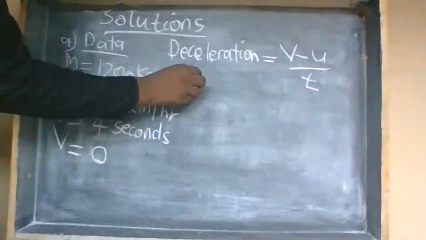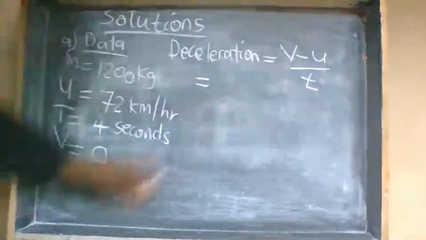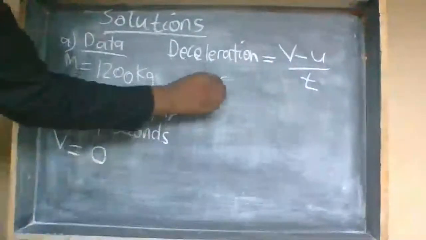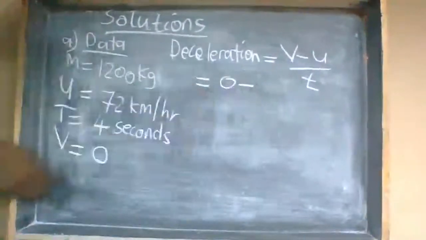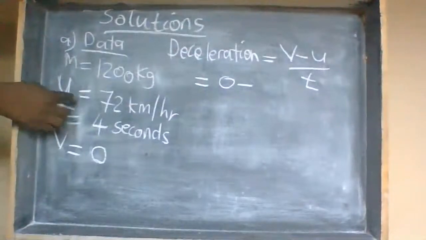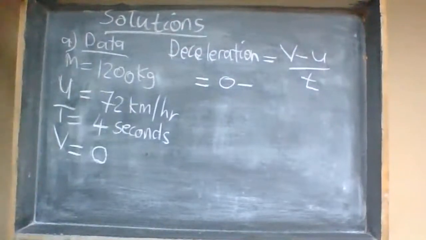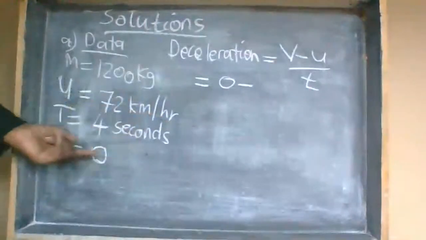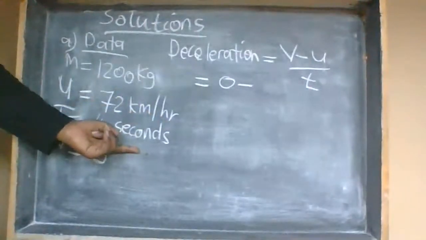Therefore, we are going to say this equals, what is our v? Our final velocity v is 0, minus, what was our initial velocity? It was 72 kilometers per hour. Now, we cannot use 72 kilometers per hour when the time is given in seconds.